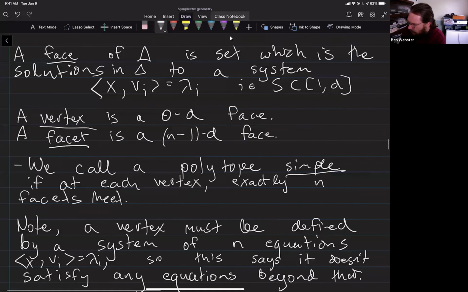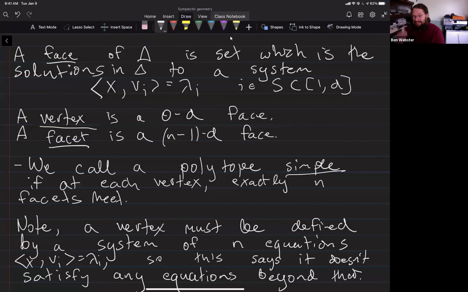The face of my polytope is a subset of R^n. So note here, a face is a subset of R^n. It's not a set of the vectors Vi, but it's a set in R^n, which is the solution set of some of these equations. So I have the equations x dot Vi is equal to lambda i, and I look at systems of those.